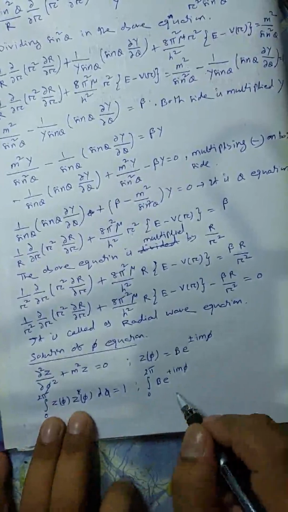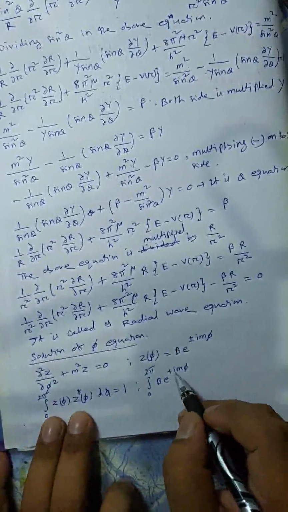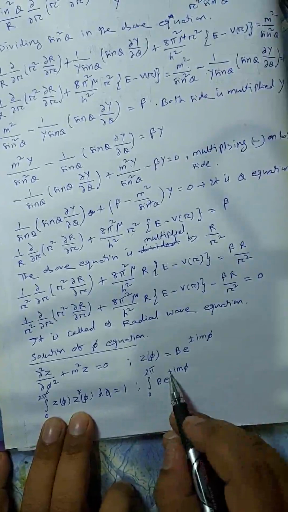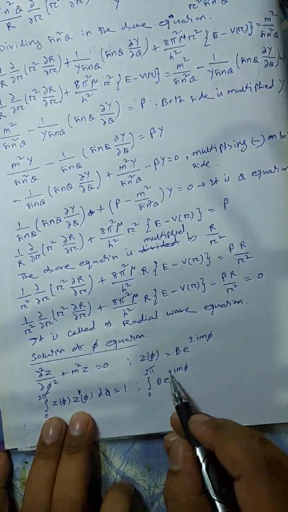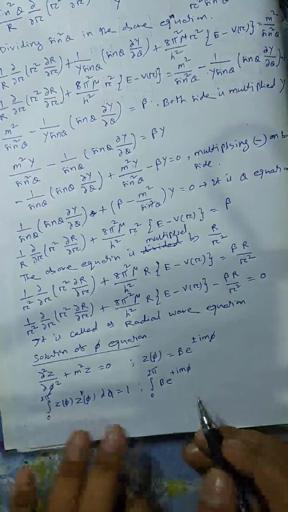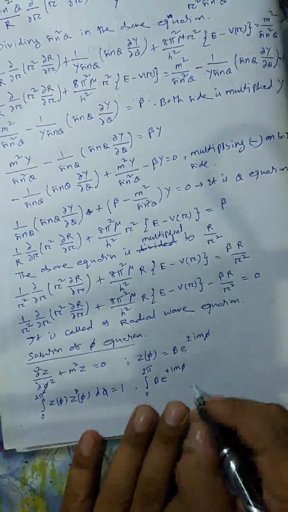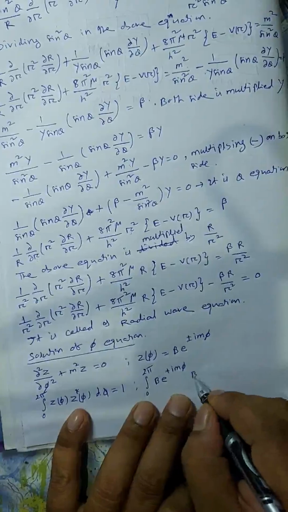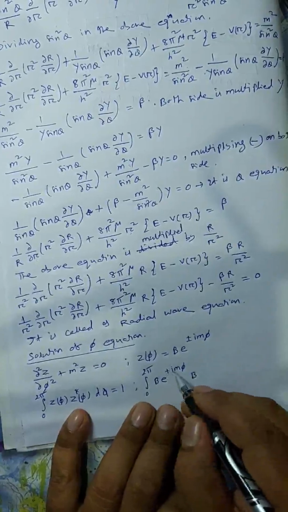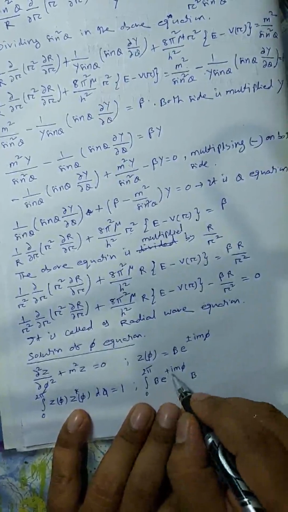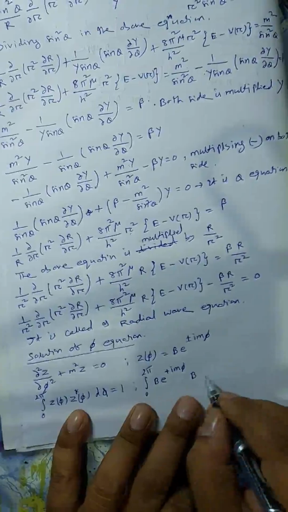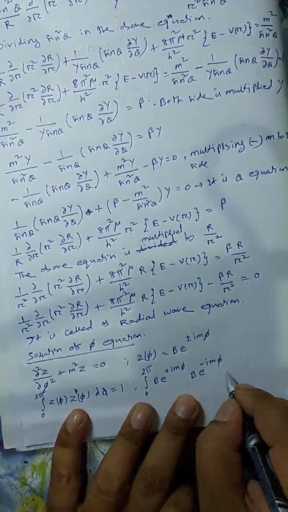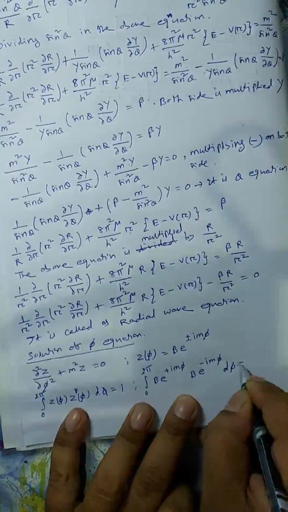Then the asterisk of Z(phi) is a complex conjugate, so this plus sign should be converted to the minus sign, because it is the complex conjugate. Whatever the sign here, asterisk means the sign will change if the imaginary number is there. Here it is an imaginary number, e to the power minus i m phi, d phi is equal to 1.